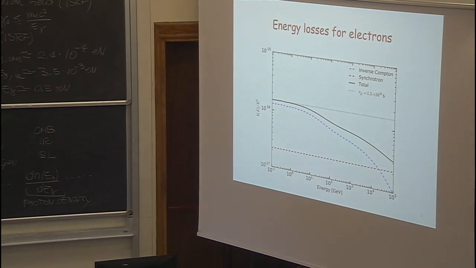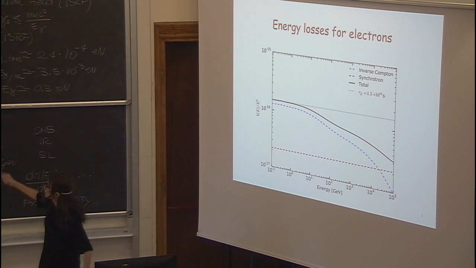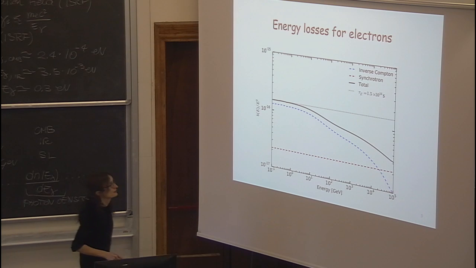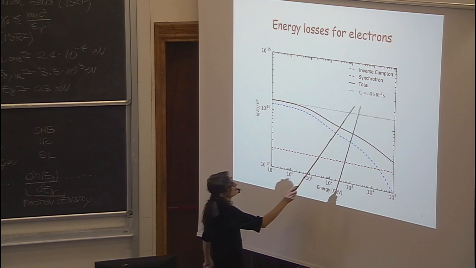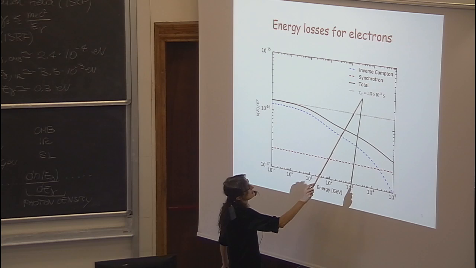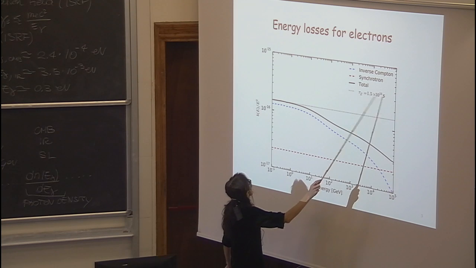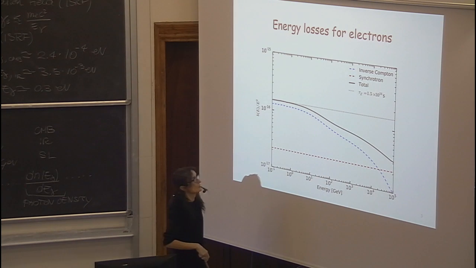So this is, thank you, Dario, the first slide. The energy loss can also be somehow connected to a typical time, which is what I just computed in the first case before. This is the typical time, which is 10 to the 16 seconds.